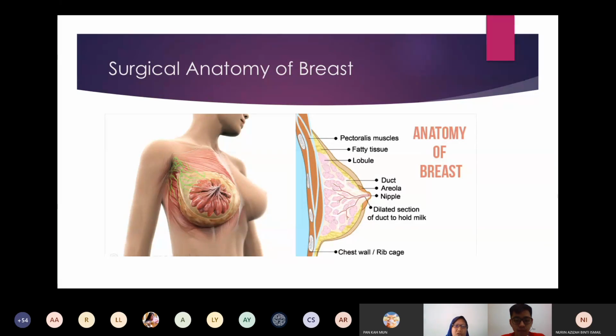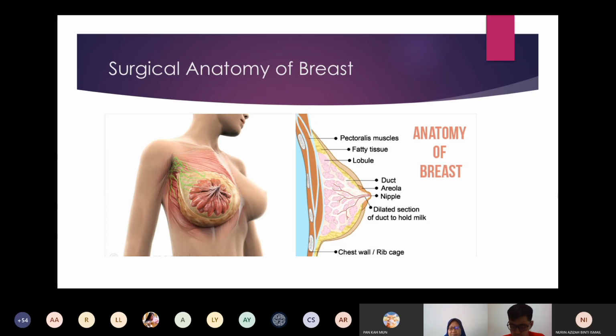That might or might not be related to your breast tissue, breast lump or breast cancer. So anywhere within this area, you have to check, as the possibility of breast cancer occurring is there.